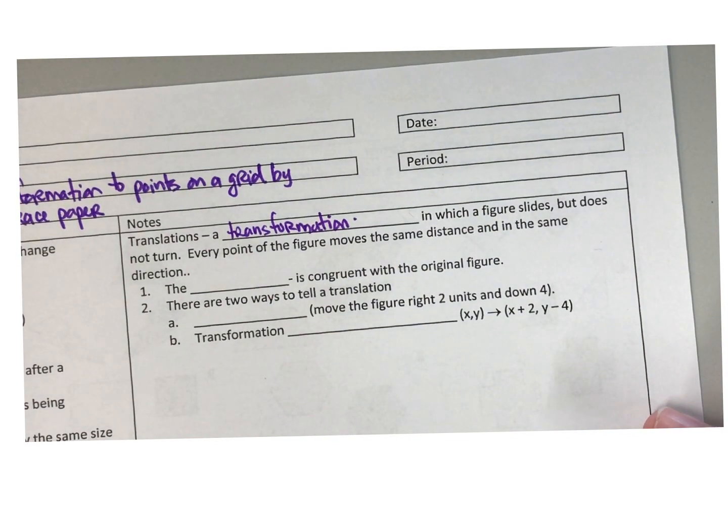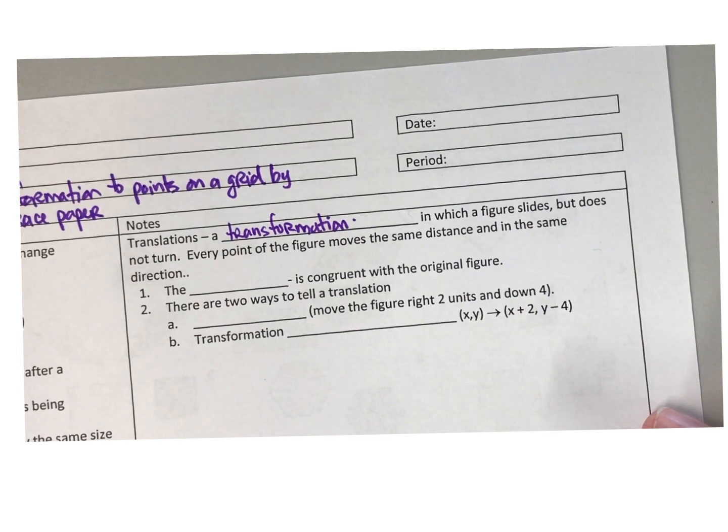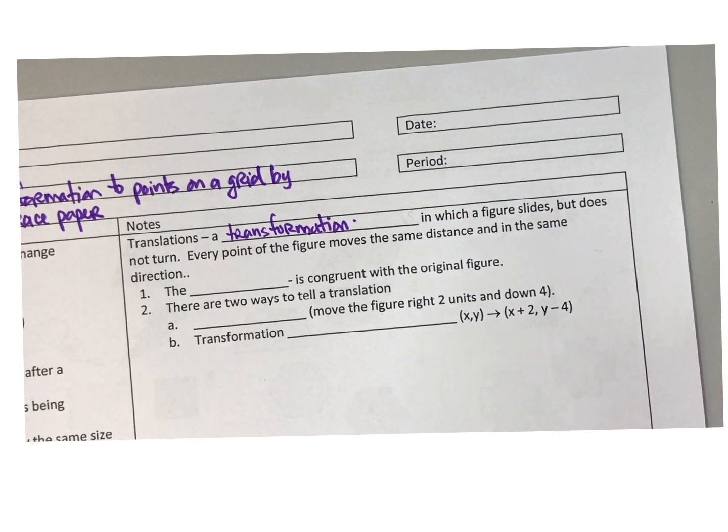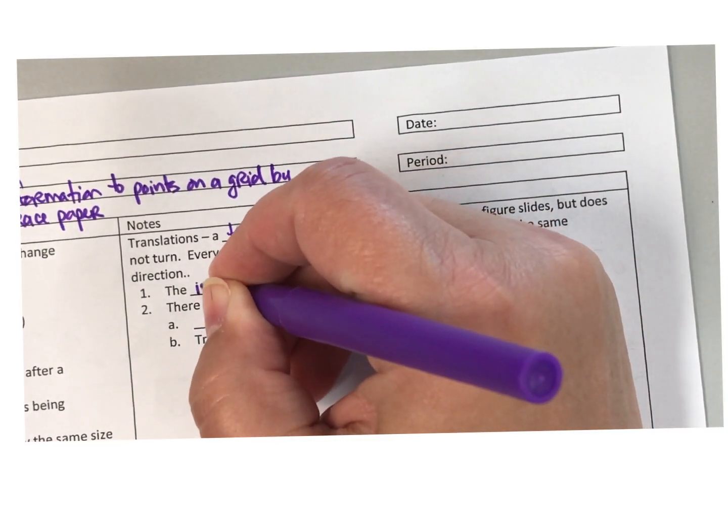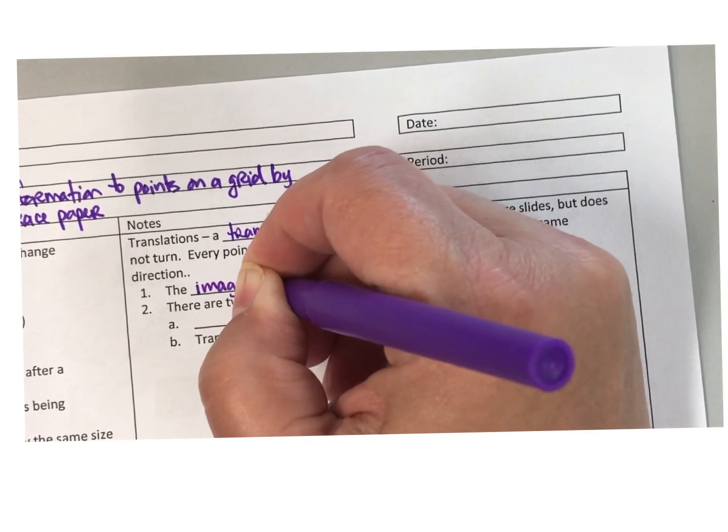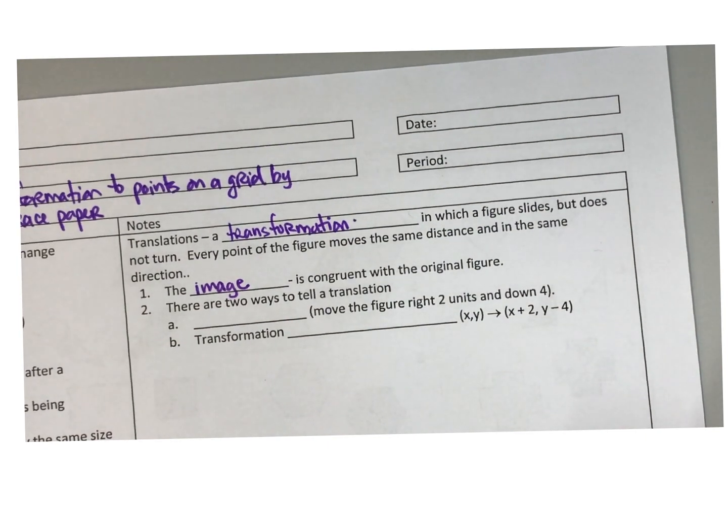In a translation, a figure does not turn, and every point of the figure moves the same distance and the same direction. And then the image is congruent with the original figure.